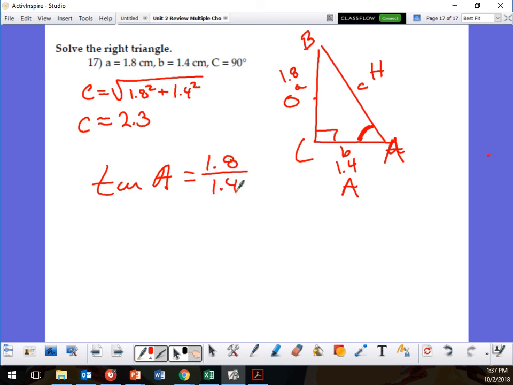So that's 1.8 over 1.4. Whenever I'm trying to find the angle, I have to use the inverse.